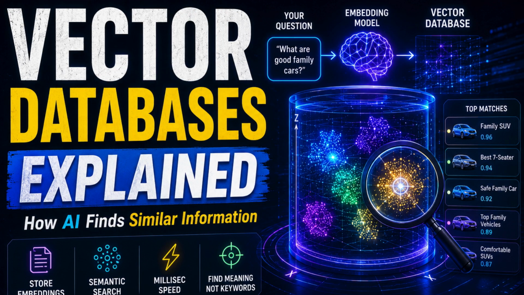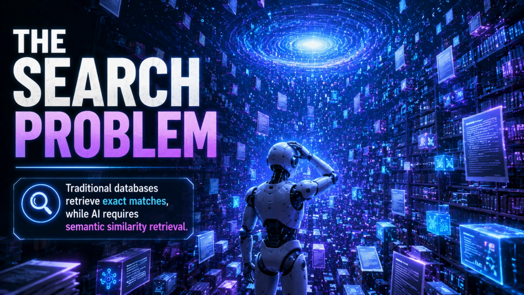In this video, we will discuss about vector database. Imagine asking AI, what are good family cars? But the documents only contain words like SUV, automobile, vehicle, sedan. No document actually contains the word car.